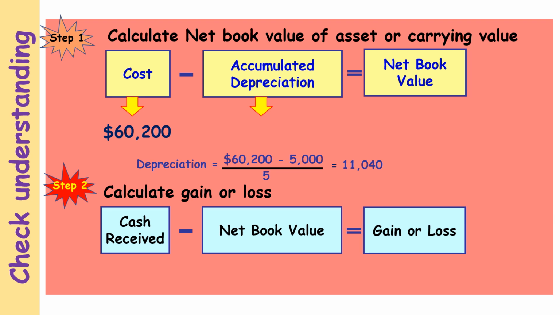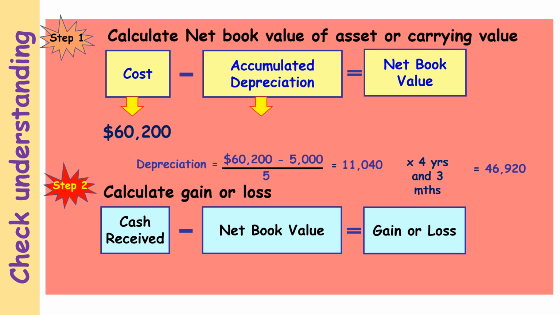Now ask yourself, how long was this asset used? So look at the purchase date and the sale date and find the difference between them, and that comes out to be 4 years and 3 months, which means the total depreciation for this asset was 46,920.